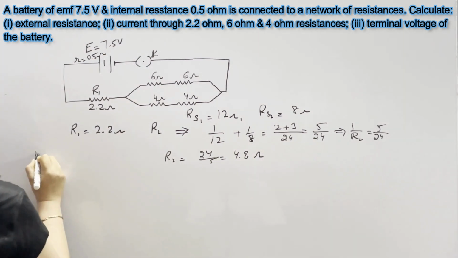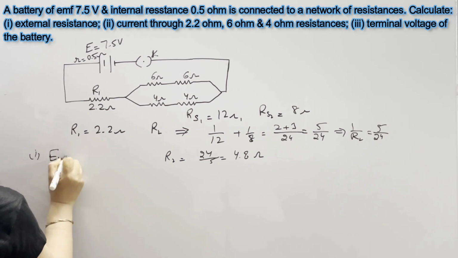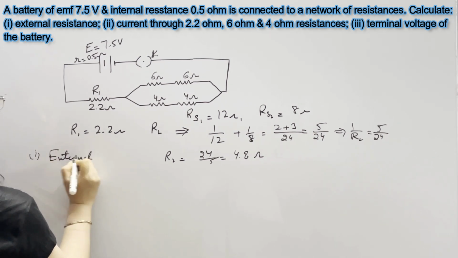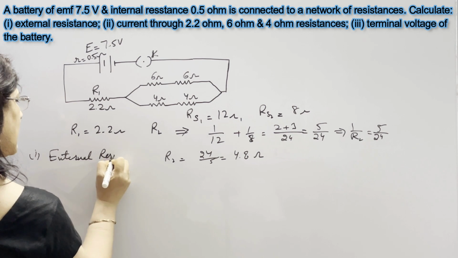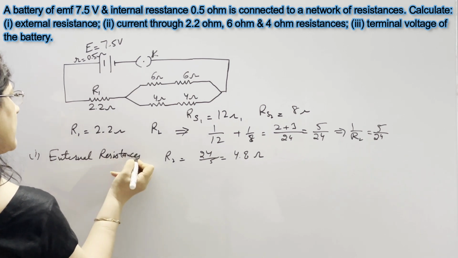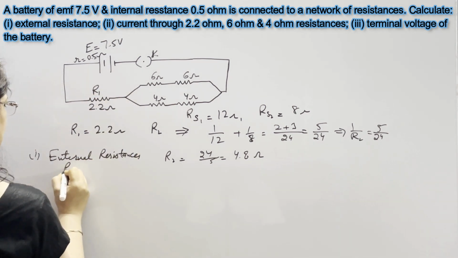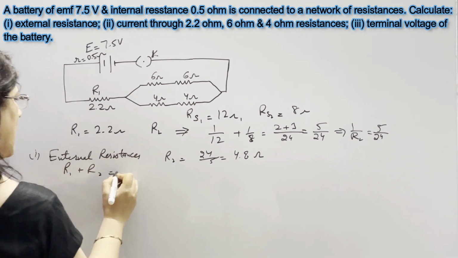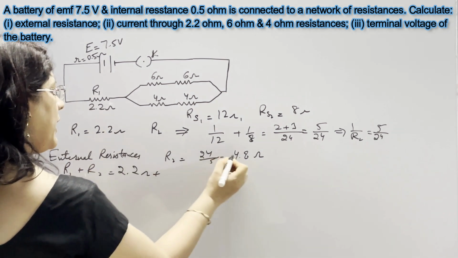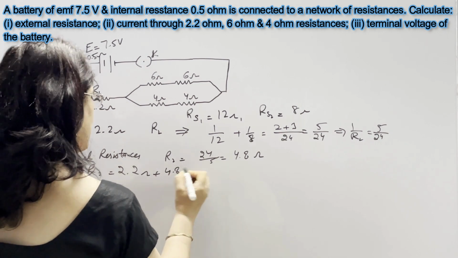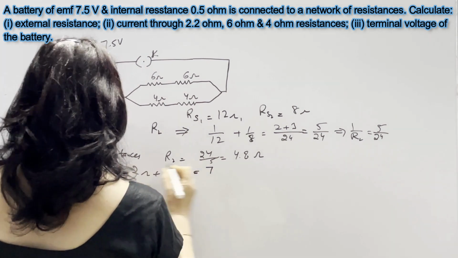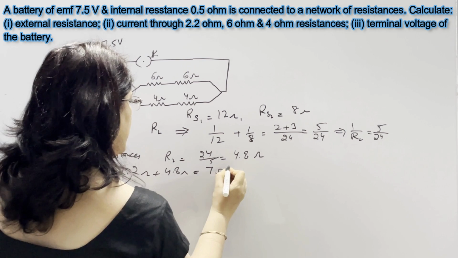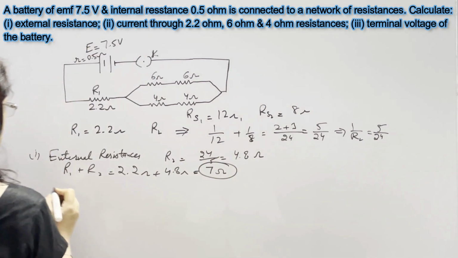Now our first part is the external resistance in the circuit. It means the external resistance of these two, series and parallel combination. This R1 and R2: R1 is 2.2 ohm and R2 is 4.8 ohm. So the total combination of these external resistances is 7 ohm. So the answer of the first part is 7 ohm.